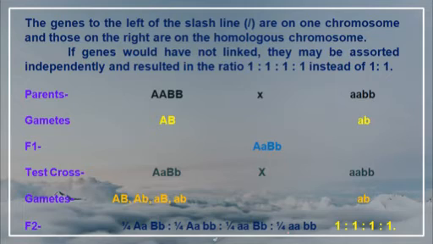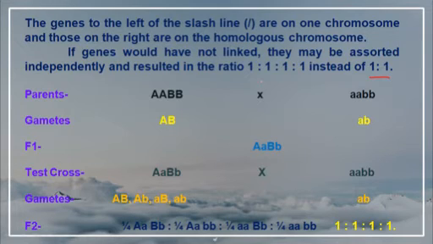Now if the genes would not have been linked, they may have assorted independently and resulted in the ratio 1:1:1:1 instead of 1:1. In the case where genes are linked, we have clearly seen only two types of offspring have been formed and they are similar to their parents.